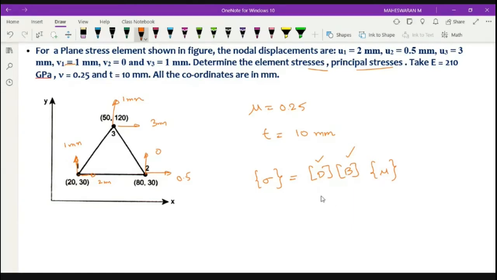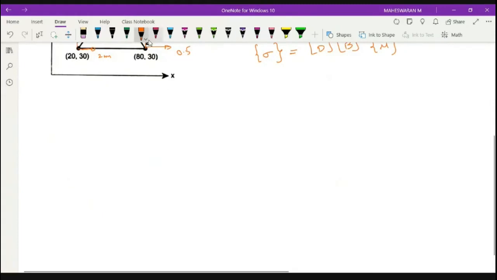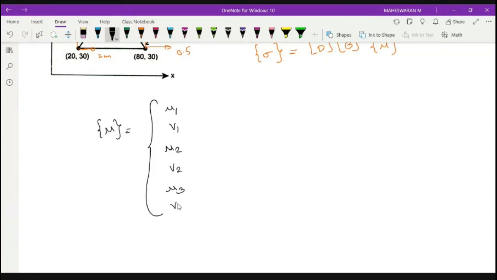It is in terms of U1, V1 and other terms. Let me write it out. Your U matrix will be like this: nodal point 1 will have U1, V1, nodal point 2 will have U2, V2, and nodal point 3 will have U3, V3. This is my matrix, which I can write in matrix form, in a column.